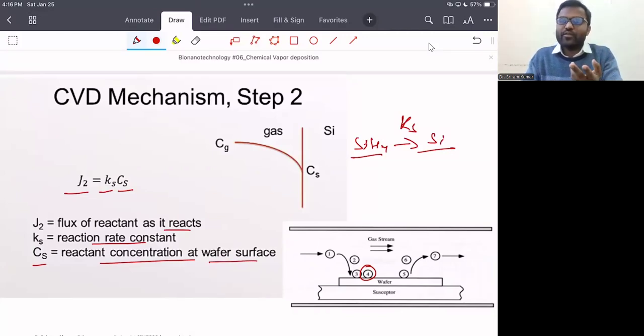So we have two kinds of flux. One is from the bulk to the surface, the gaseous molecules coming from the bulk to the surface. And the second is the flux of the reactions.